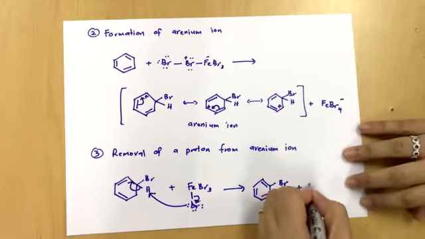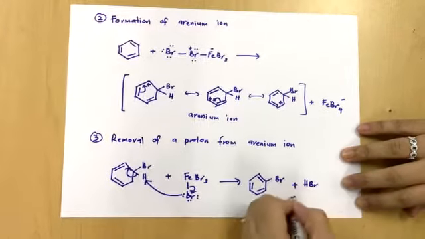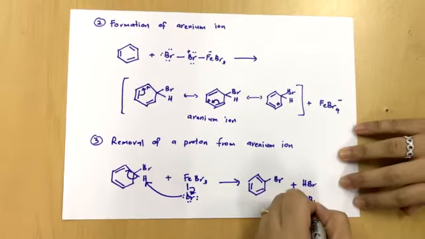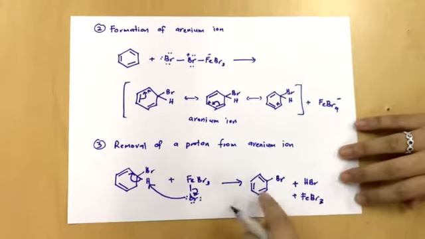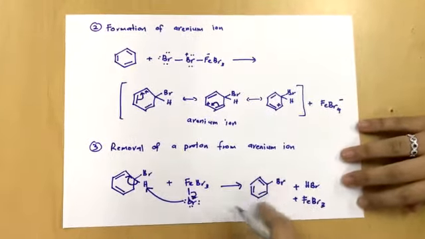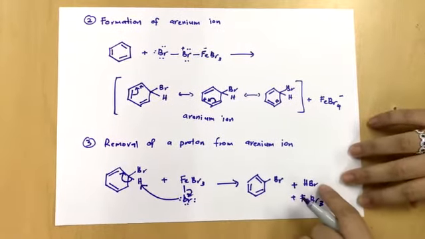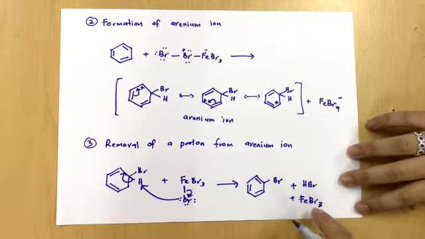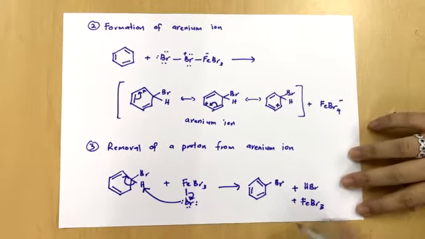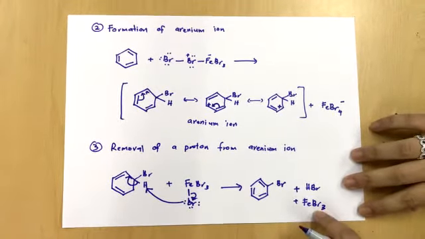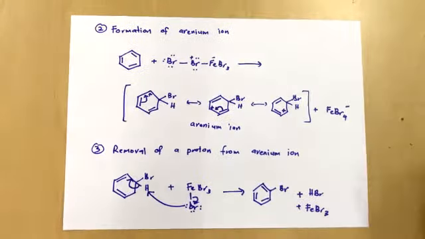Last with HBr and FeBr3. And now we get a new product. This is a side product, HBr, and we gain back Lewis acid as a catalyst.